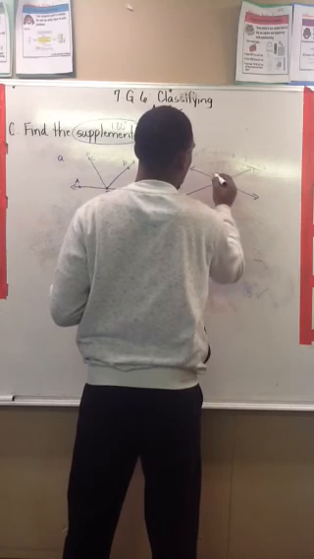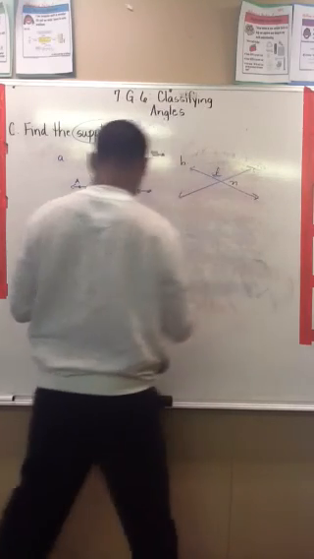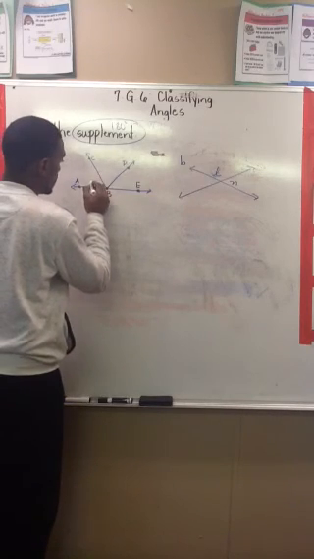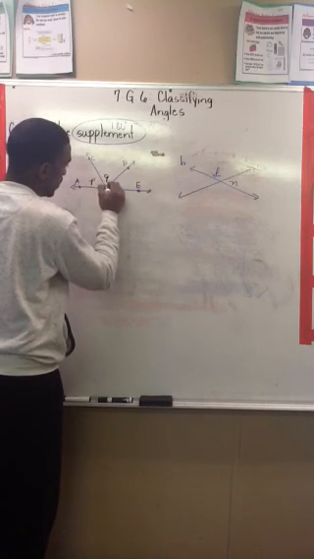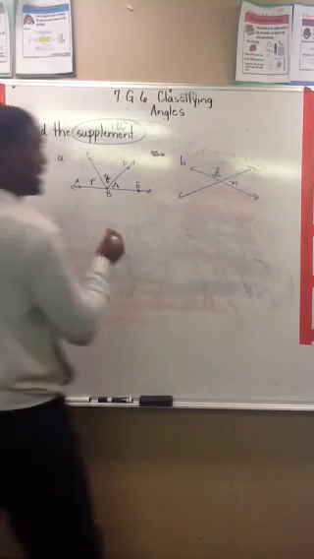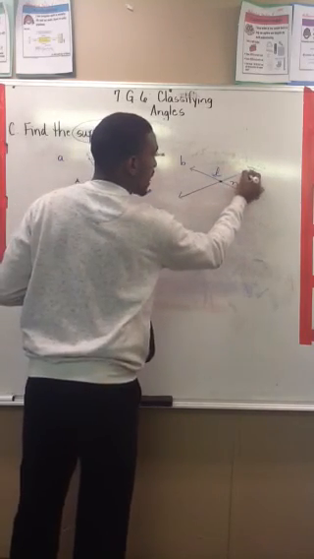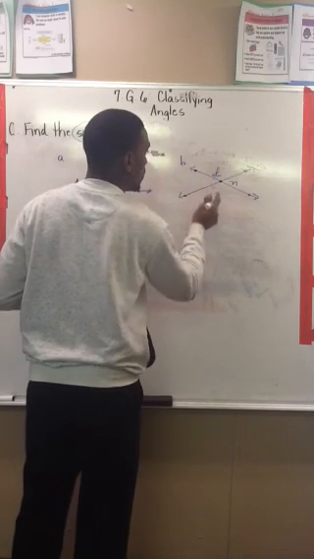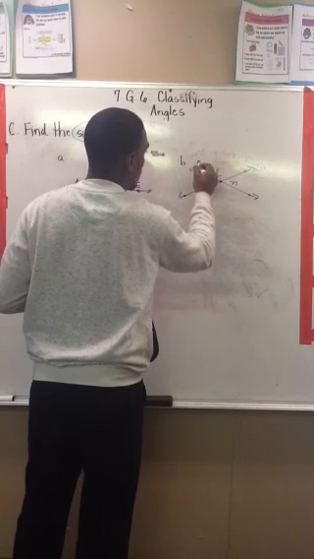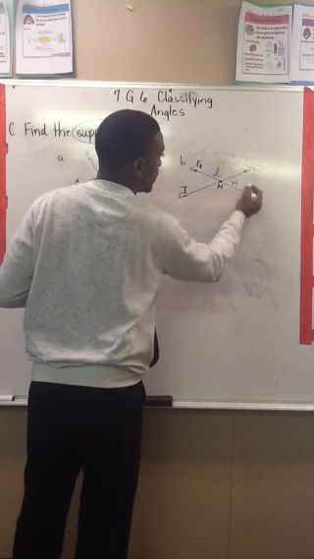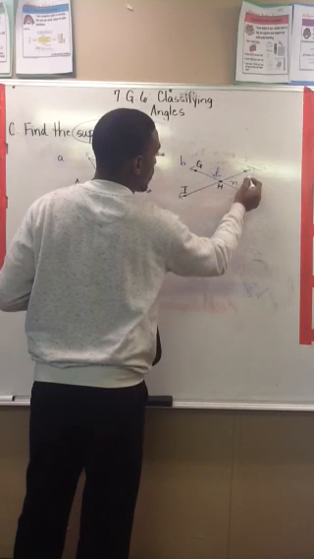Let's call this one L and this one N. Okay, I'll say this one is P, Q, and R. Notice my variables are cursive, and when I name my lines, I use capital print. You want to do that so you won't get mixed up. It's easier to tell which are variables and which are naming the angle.